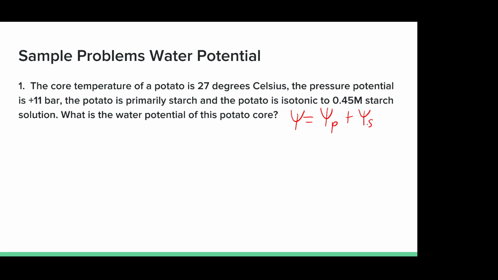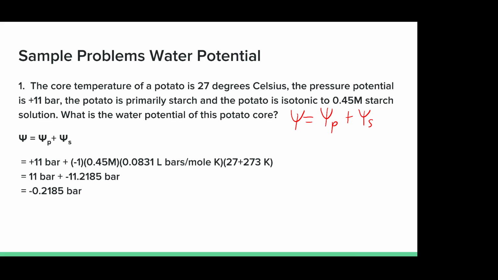And I never claimed to be able to draw, as you can tell. So doing that, we would get 11 bars for that pressure potential. And then the solute potential would have to be calculated out.